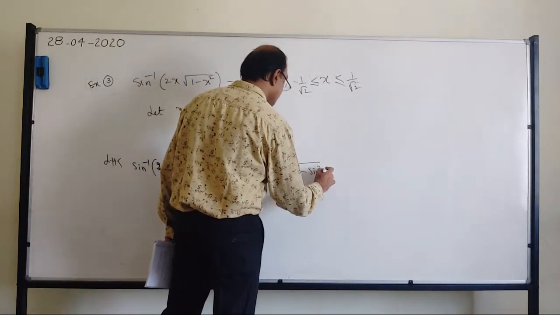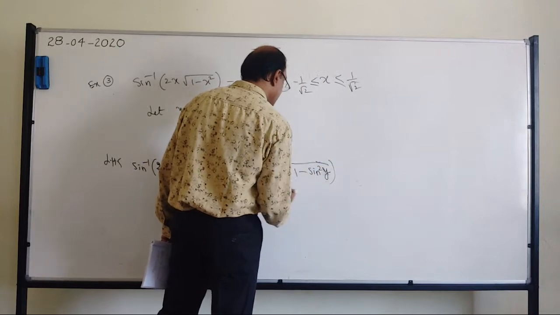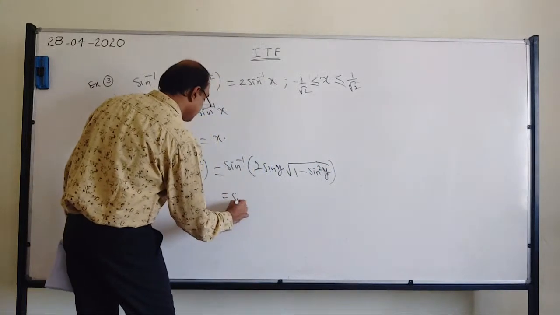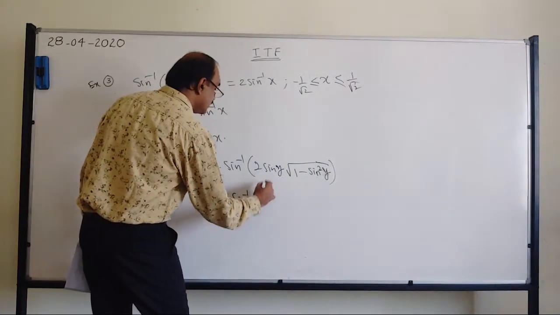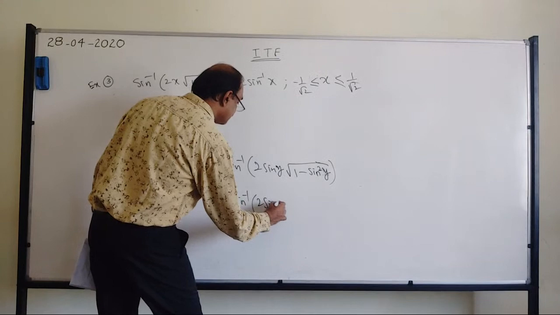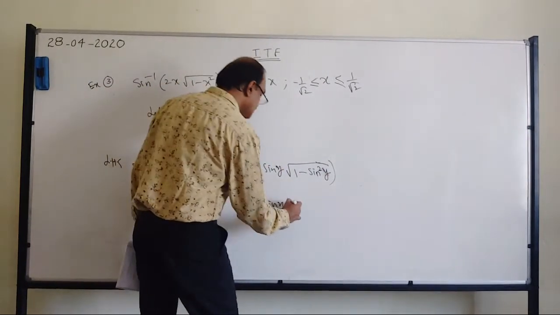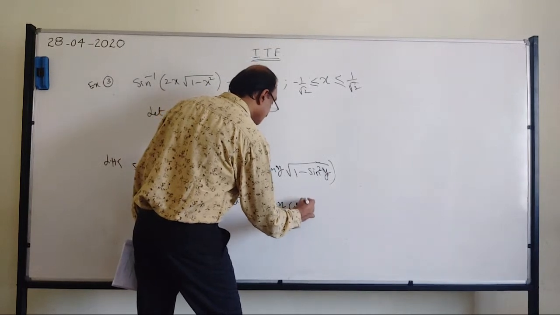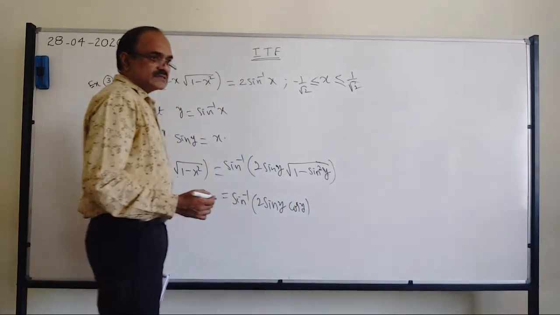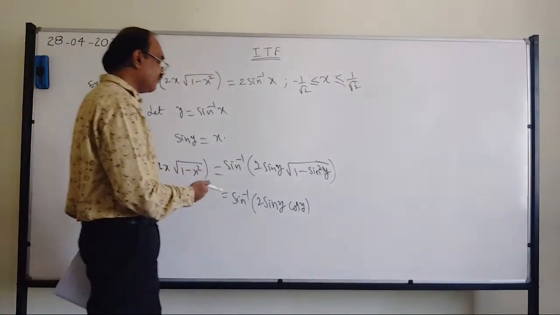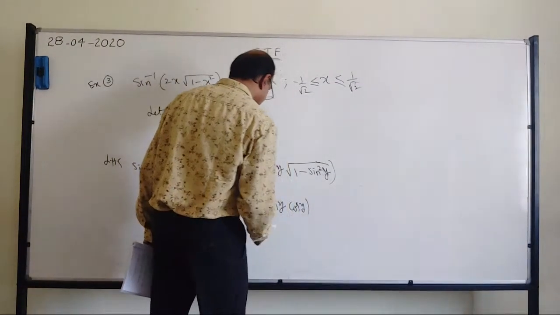Now sin inverse of 2 sin y, what is square root of 1 minus sin square y? That is cos y. All of you know this, because sin square theta plus cos square theta is 1. Here in place of theta you have got y.